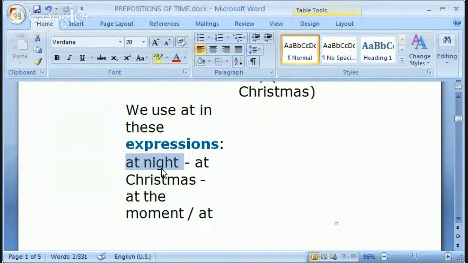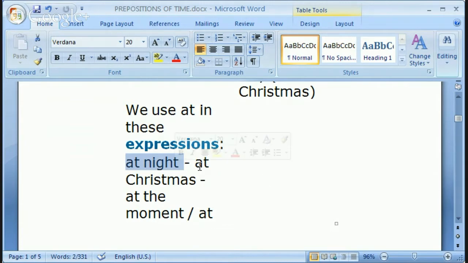This is the weird one, okay? This is the strange English exception. If you've been studying English, you know that there are often exceptions. This is the strange one because we say in the morning, in the afternoon, in the evening. This is the odd exception. We always use at with night.